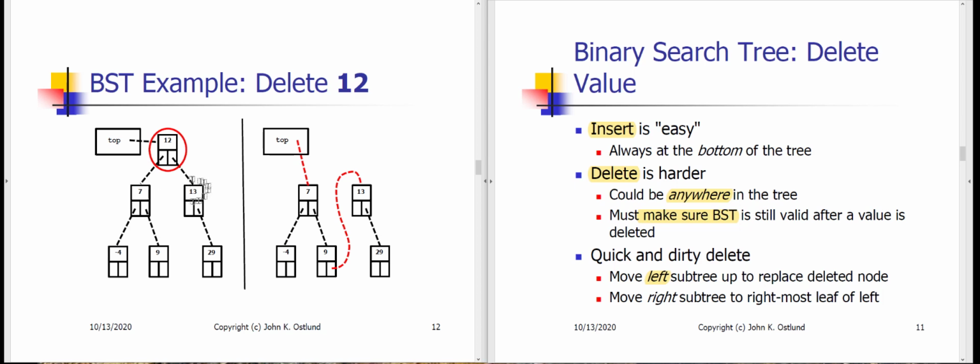Then what do we do with this right-hand subtree that contained all the values that were greater than 12? Okay, well, this right-hand subtree, since all of its values were greater than 12, they must also be greater than all of the values that are in the left subtree, which is now the top part of the tree.